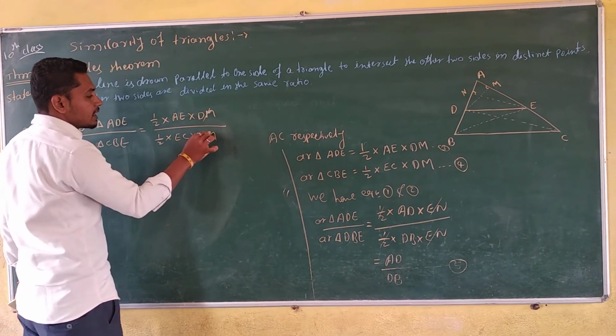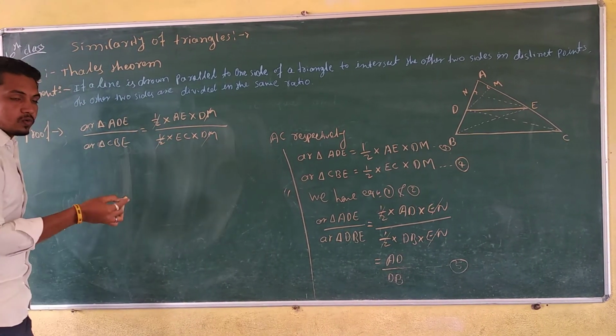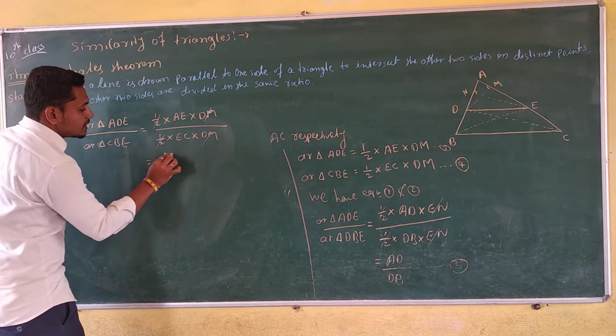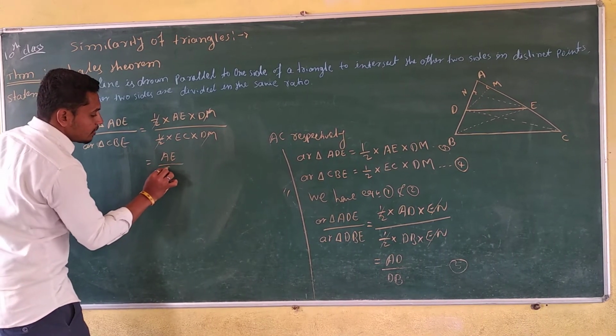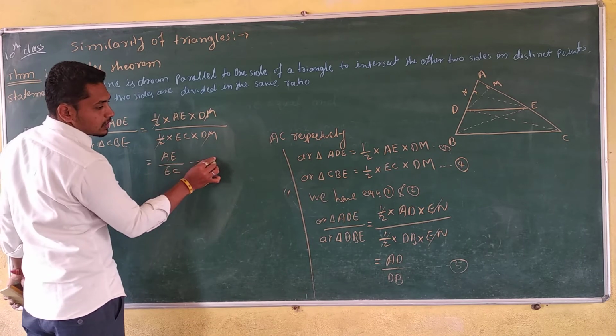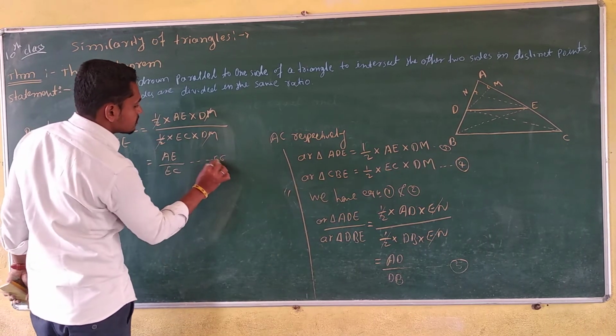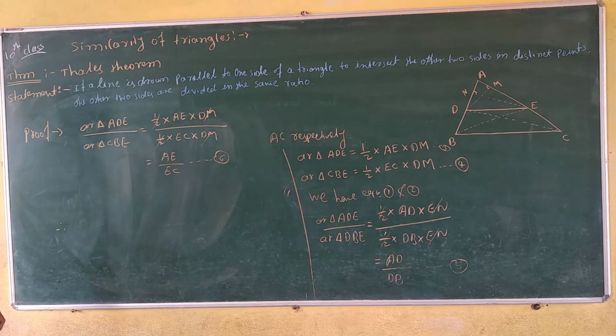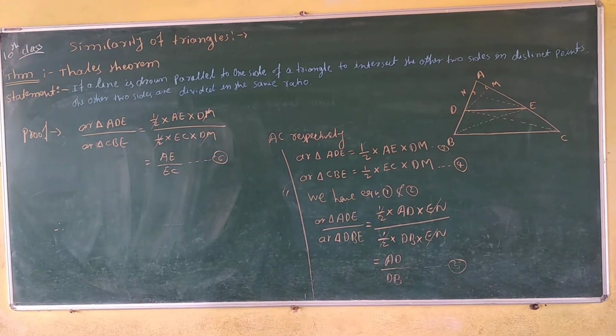Right, so DM gets cancelled, 1 divided by 2 and 1 divided by 2 get cancelled. So the remaining term is AE divided by EC. This is equation number 6. So you write down this.